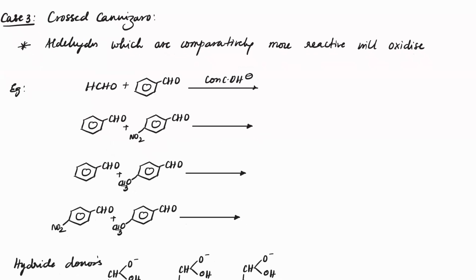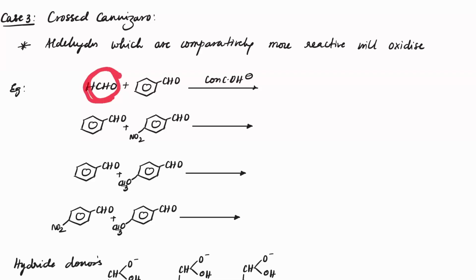Next one is about cross Cannizzaro, which means between two different aldehydes. Correct. So how do we compare here is that between these two, whichever is more reactive towards nucleophilic addition reaction.